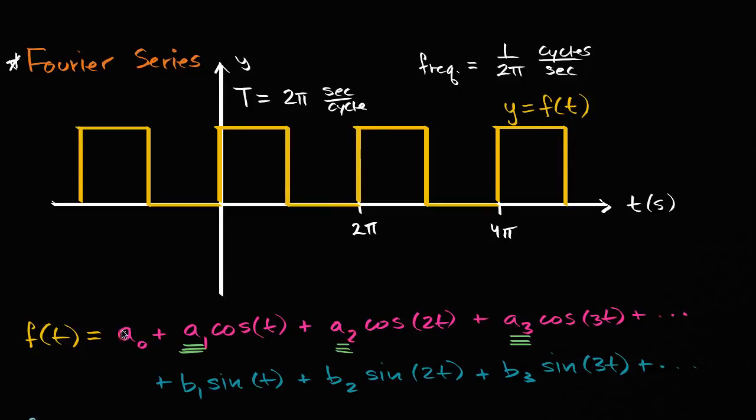And in order to shift it, well, that's what our a sub 0 is going to do. And so it makes sense that you would want to shift the oscillation so it oscillates around the average value of the function, or you could say the average value of the function over an interval that's representative of a period of that function. And so that is what a sub 0 is doing. A sub 0 is just going to be that average value of the function.